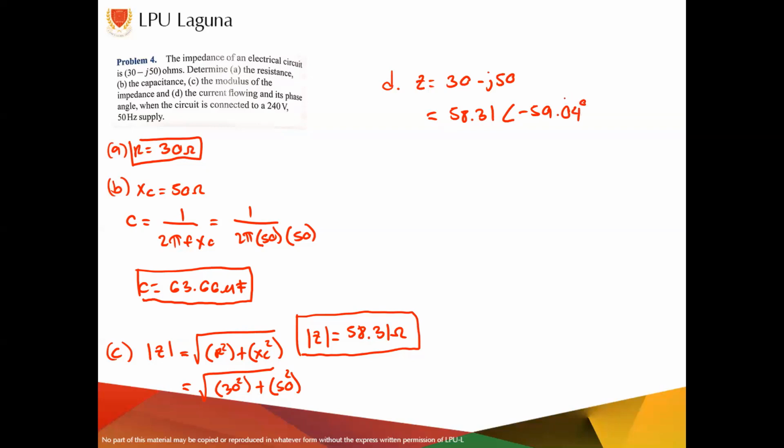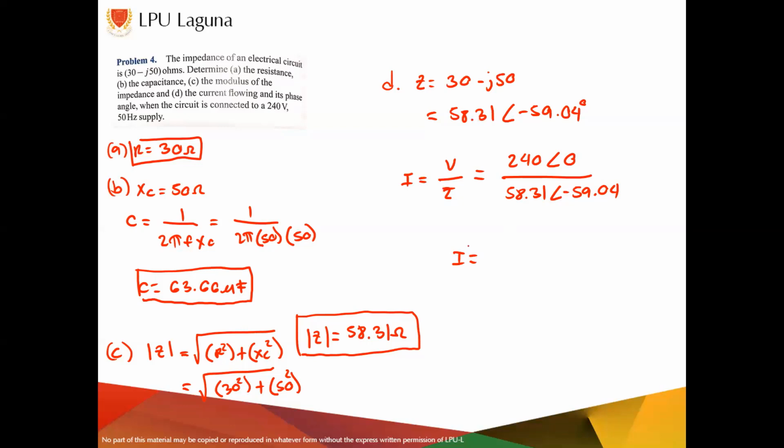Since the value of I makukuha natin siya sa V over Z. Ating V is 240 bar angle 0. Ang ating Z is 58.31 bar angle negative 59.04.